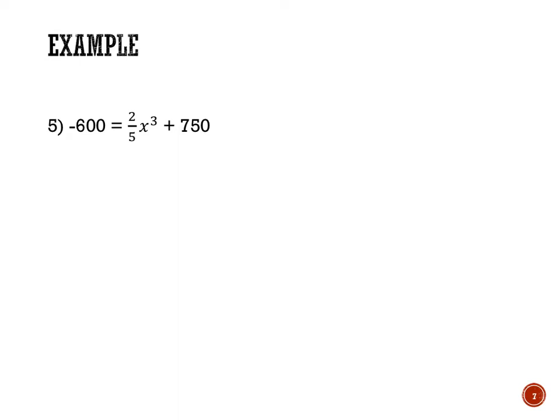Number 5. Negative 600 equals 2/5 x cubed plus 750. So I'm going to subtract 750, not 75. I'm going to subtract 750 from both sides. 750 minus 750 gives me 0. And negative 600 minus 750 gives me negative 1350 equals 2/5 x cubed.